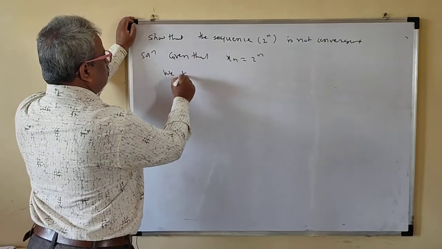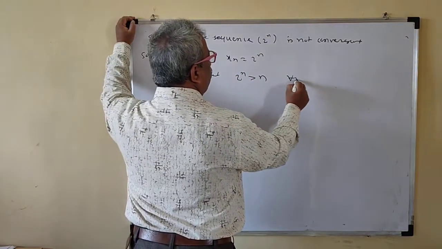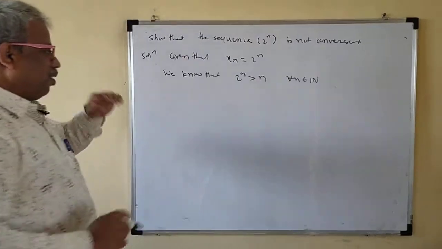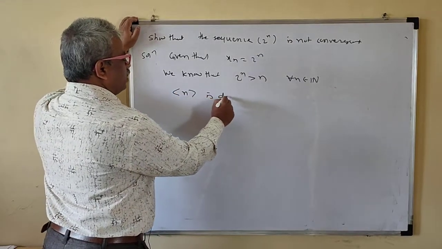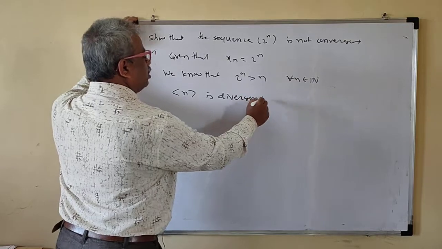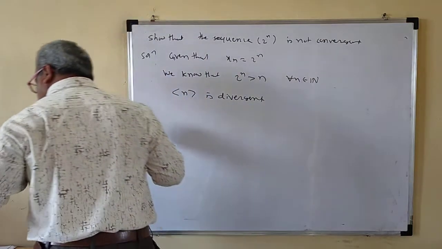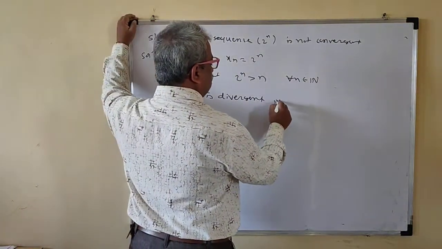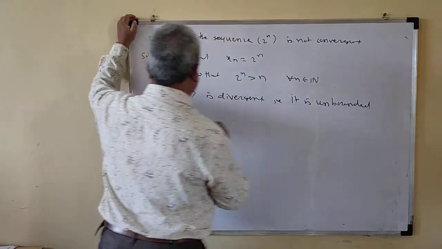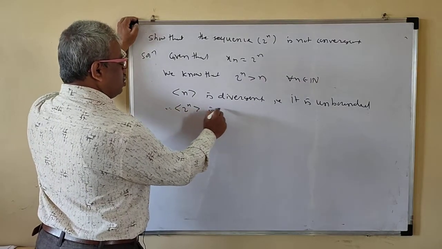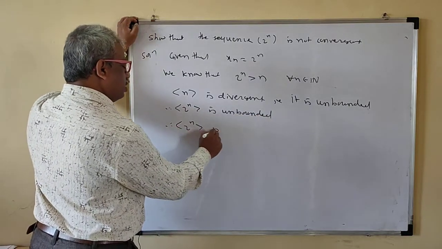We know that 2 raised to n is greater than n for all n belonging to N. The sequence n is divergent, or you may say it is unbounded. Therefore the sequence 2 raised to n is unbounded. Therefore the sequence 2 raised to n is not convergent.